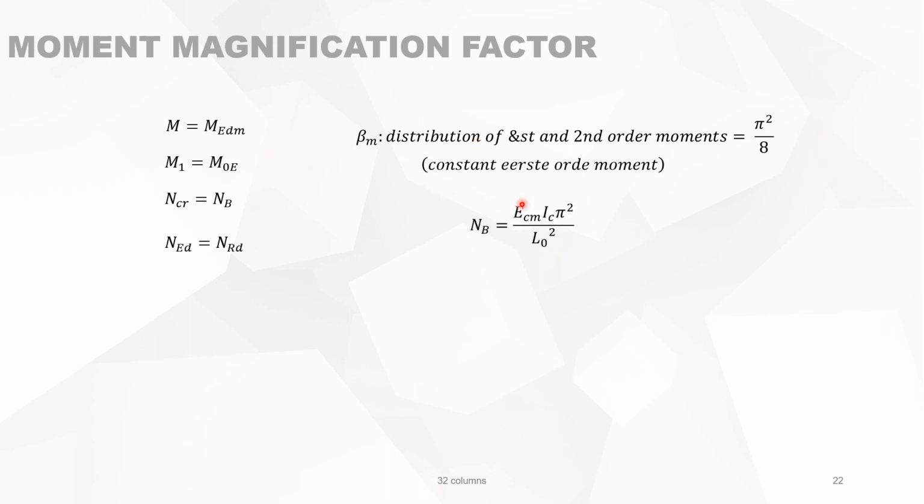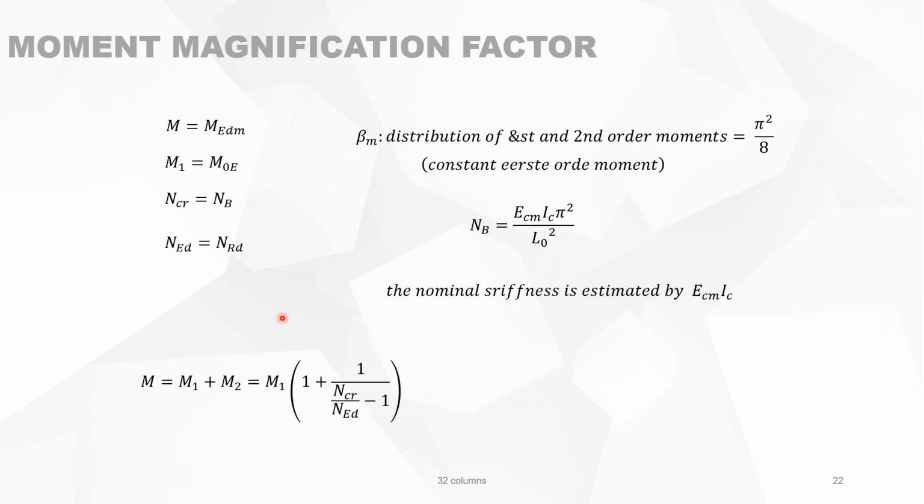And NB is equal to the force of Euler. The nominal stiffness is estimated by Ecm over gamma c. Because this is not an exact calculation, it does not take into account the reinforcement, but this can be sufficient. So if you now make all those substitutions into this equation, then you will have the equation as it is mentioned in Eurocode 2 part 1.1.